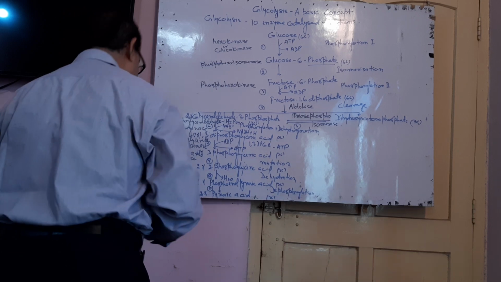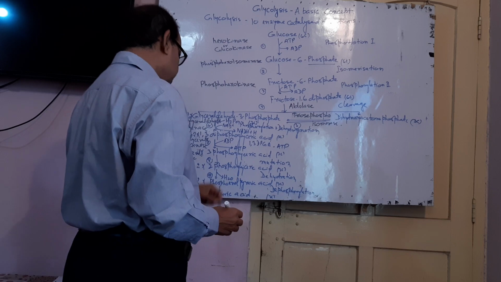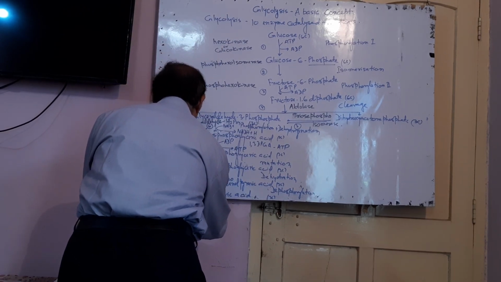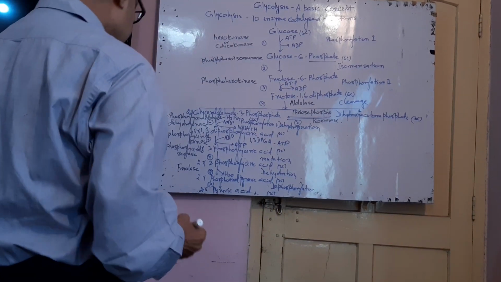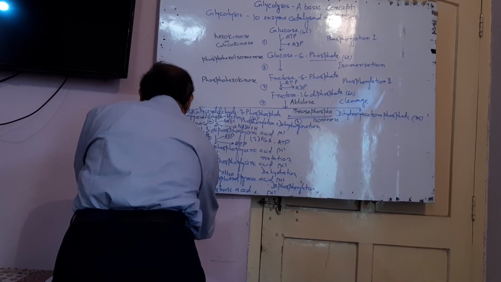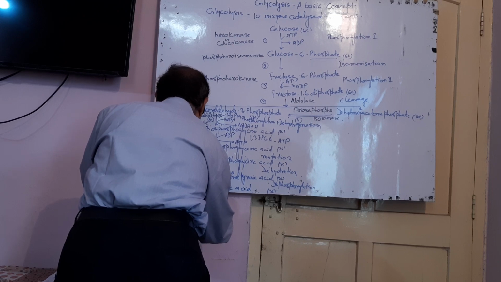And the next reaction, that is the ninth reaction, in which water is released, is called enolase. And the last reaction is catalyzed by the important enzyme called pyruvate kinase.